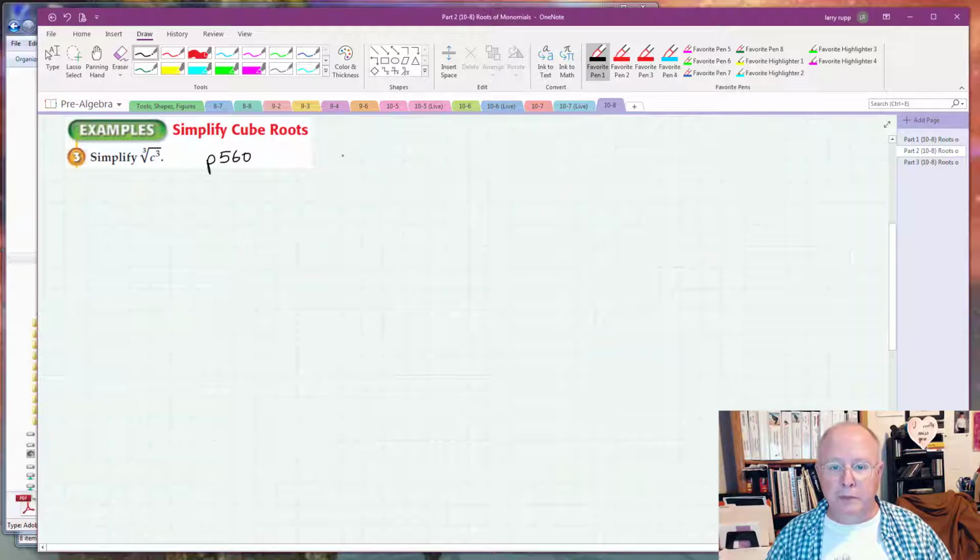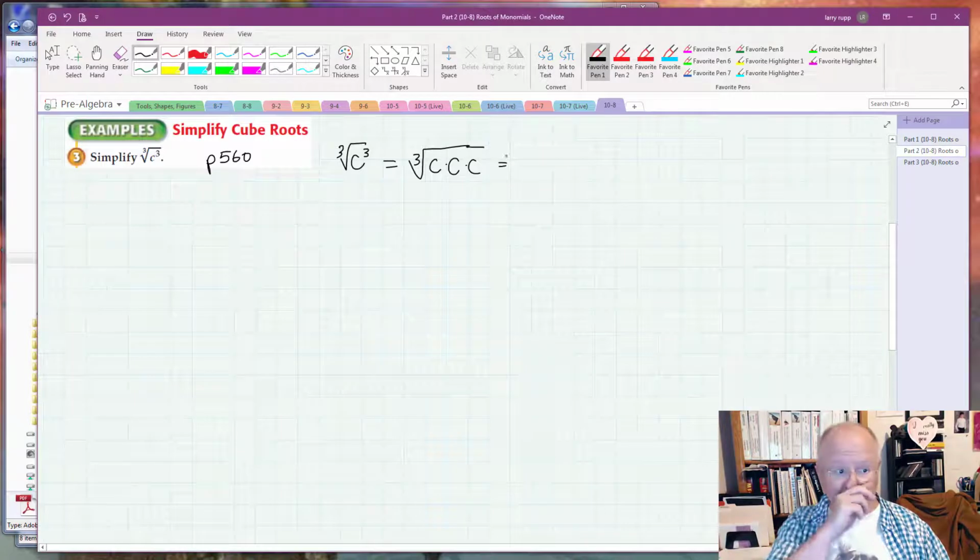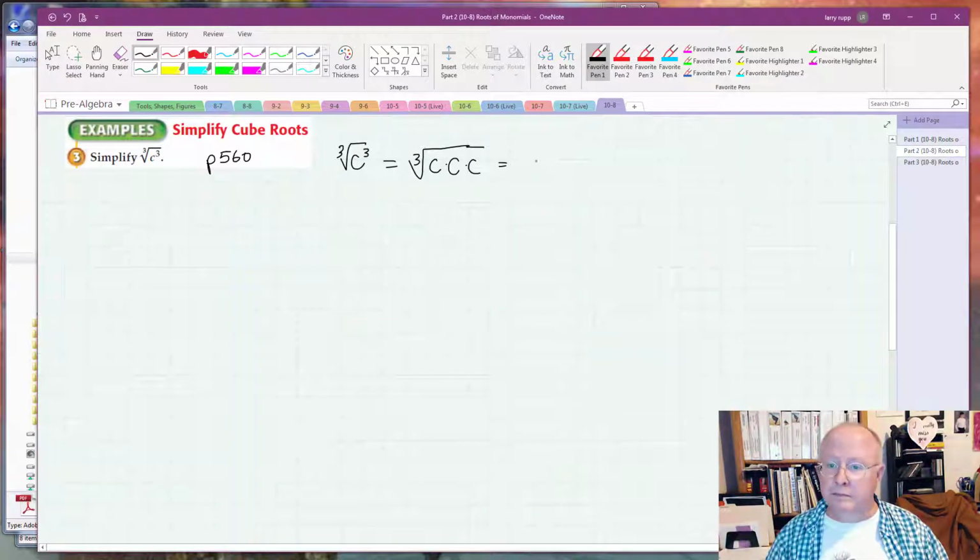Well, the cube root of c cubed is equal to the cube root of c times c times c, right? Which is equal to c. All right, well, that wasn't too hard.